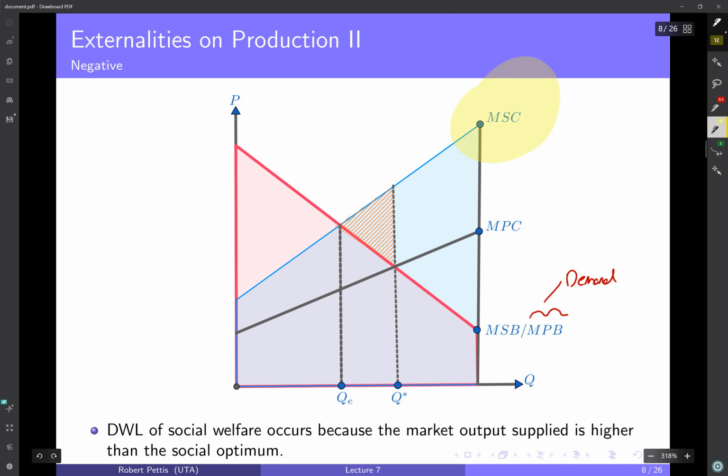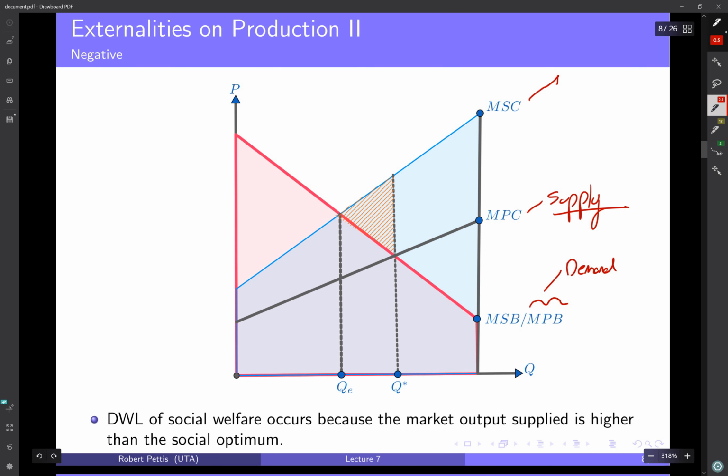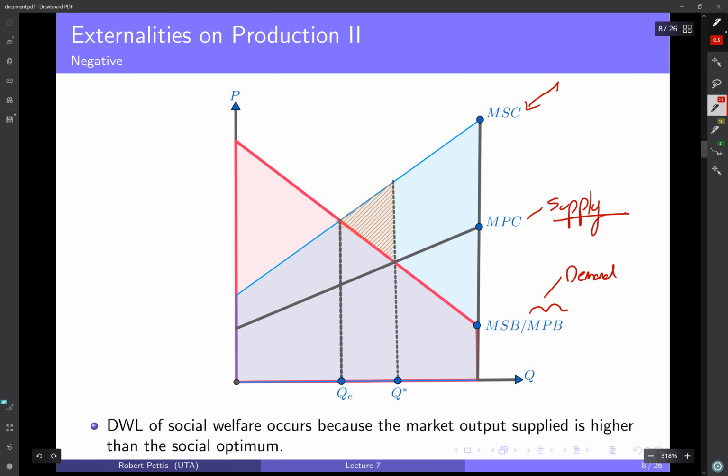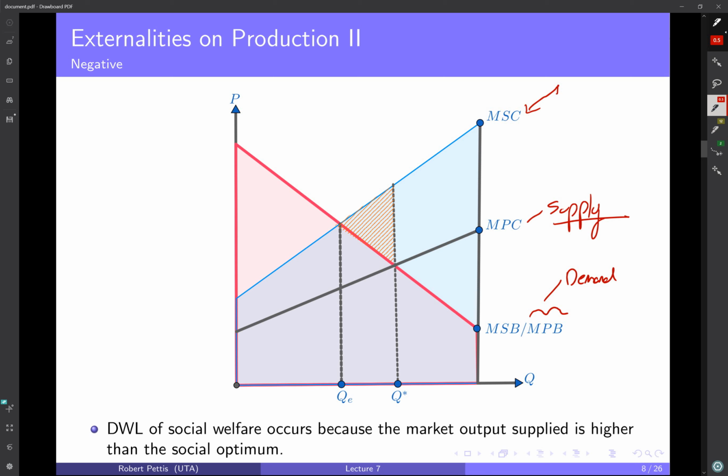This marginal social cost is greater than the marginal private cost because of this extra cost that's being imposed onto society. So we've got our supply, which is the marginal private cost, but now we've got this overall cost to society.